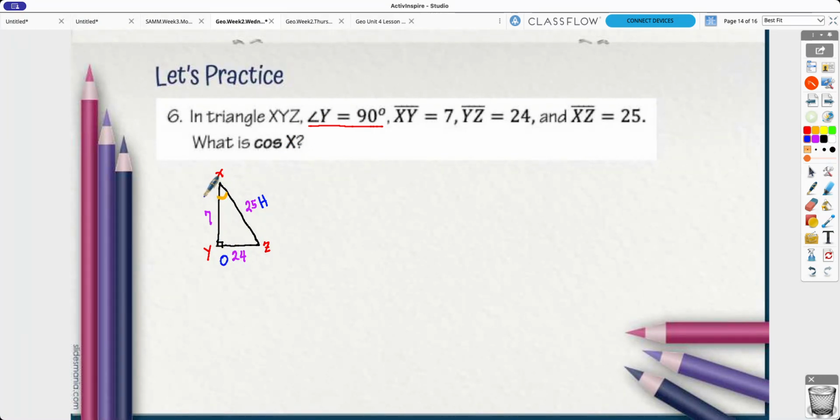Right next to X is the adjacent side. We want to find cosine X. Now, cosine, that's our CAH, which means we need the A and the H. A is 7 and H is 25. So cosine X is 7 over 25.